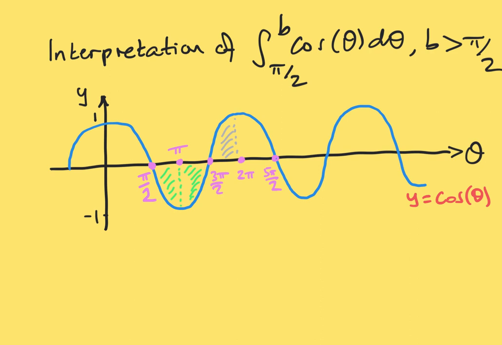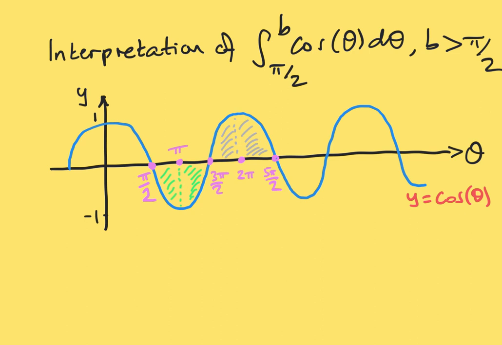And then as you carry on, we're adding another positive contribution as we go on. And when we get to 5 pi over 2, you can see that this negative contribution and this positive contribution have the same size. They are equal areas, and their contributions to the definite integral would cancel.